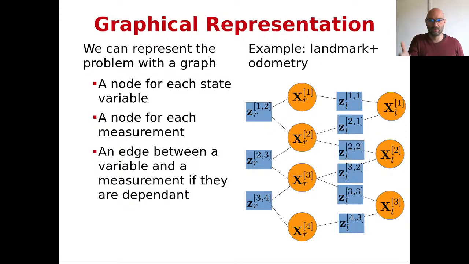It doesn't care about where you were before or where you will go next. All you need to get a GPS measurement is to know your location, and then you could predict the GPS measurement. How would we add these GPS measurements to this graph? How many variables are influencing a GPS measurement? One, just the robot position. So the GPS will appear as a box here that depends on just one single variable.